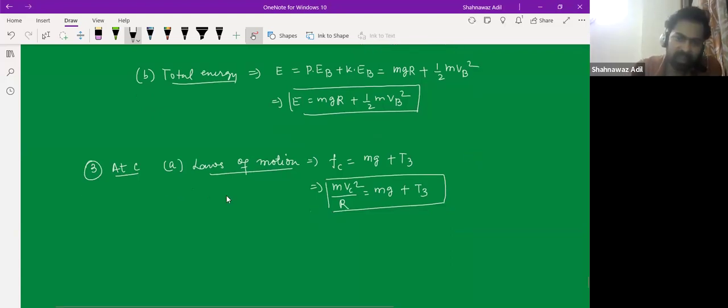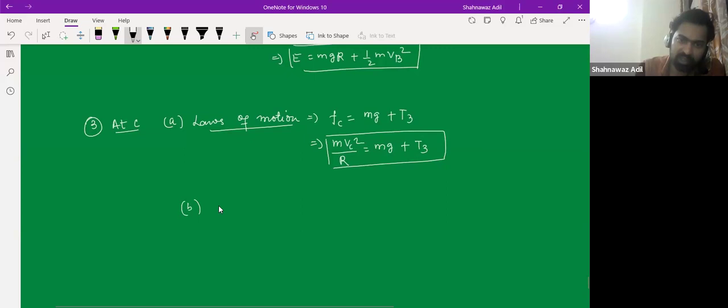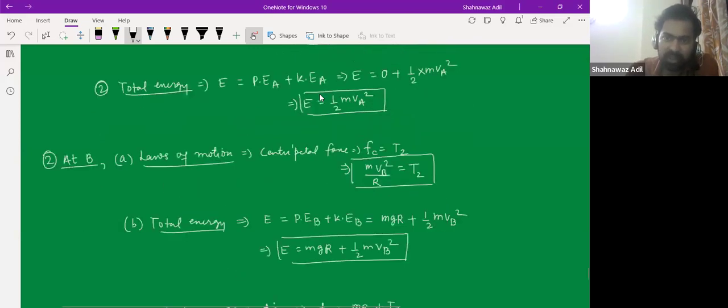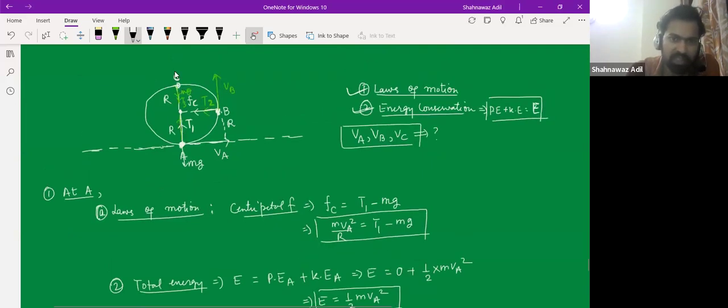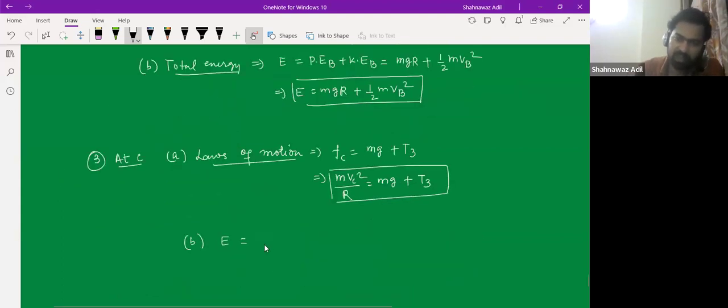And if I use the total energy, so how much would be the total energy? This thing is simply, so total energy at this point, potential energy at C plus kinetic energy at C. So this is mg and 2r plus half mvc square.